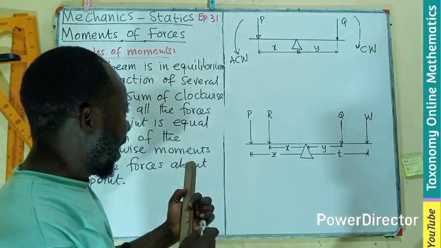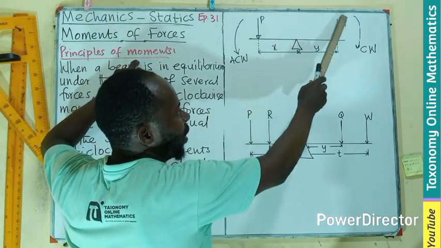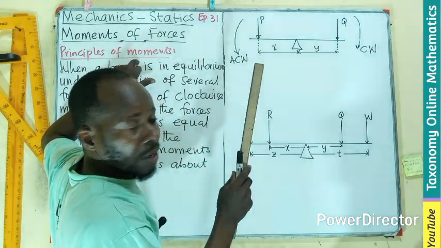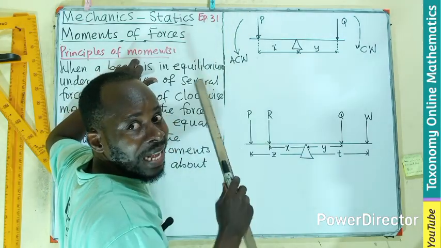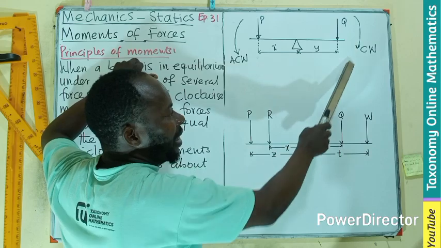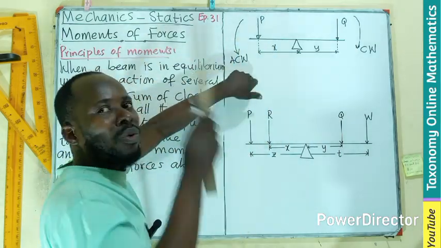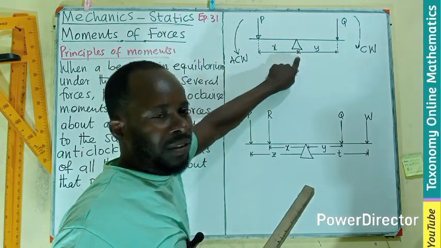Now, the principle is saying that for all the forces going in the clockwise, all the moments, the force and its distance give us the moment. So the sum of all moments in the clockwise direction should be equal to the sum of all moments in the anti-clockwise direction from that point.